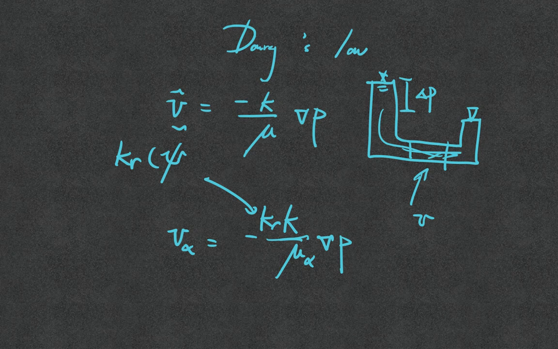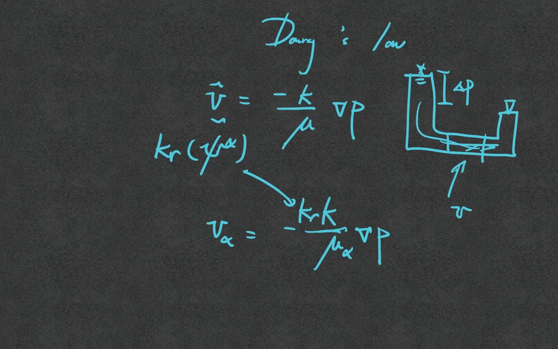It is dimensionless, and it is a function of the degree of saturation of alpha. So let me put the name there. This is the relative permeability.